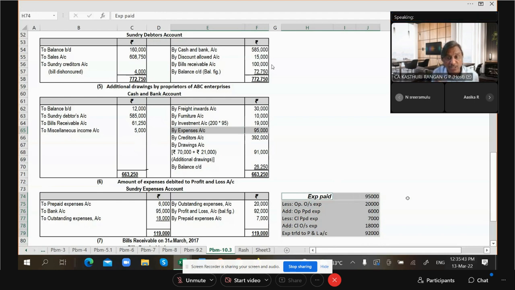Whereas in the P&L, only the actual expense should be taken, that is after adjusting for the opening, closing, prepaid and outstanding expense. So whether you prepare a ledger account like this or a statement like this, no problem. As long as you get the correct answer, it is okay. The choice is yours. Whichever way you want, you can do.